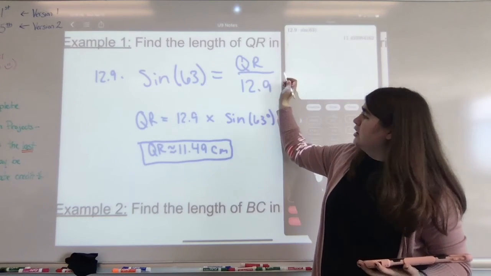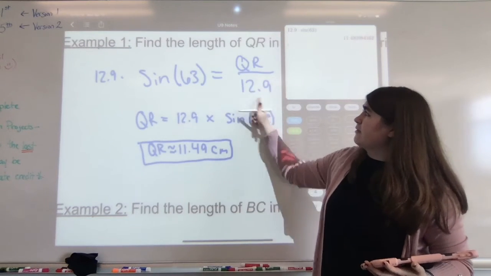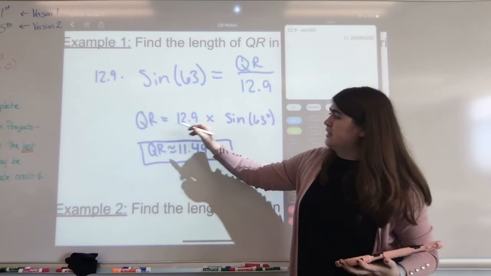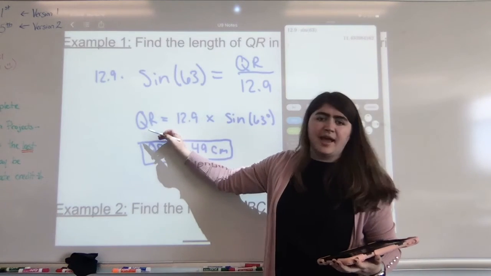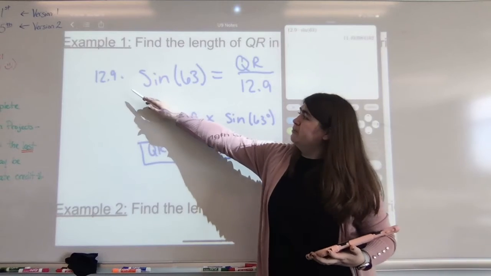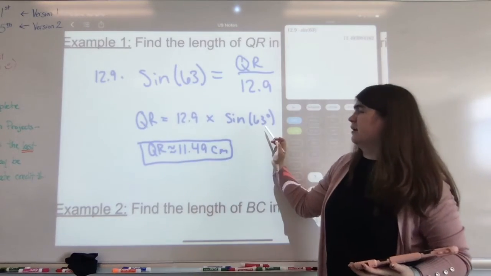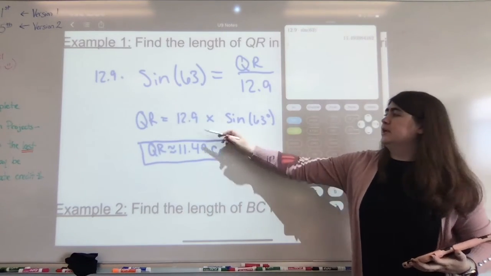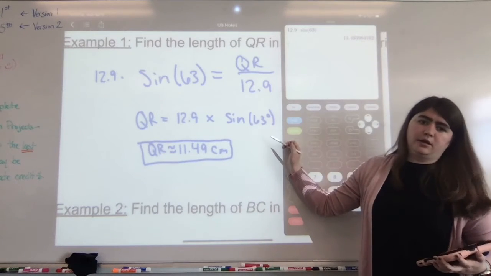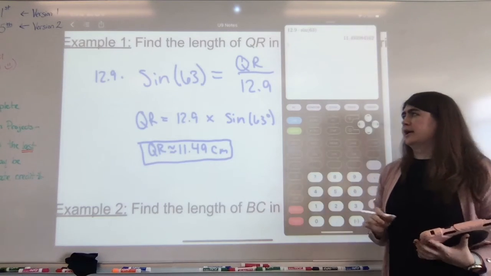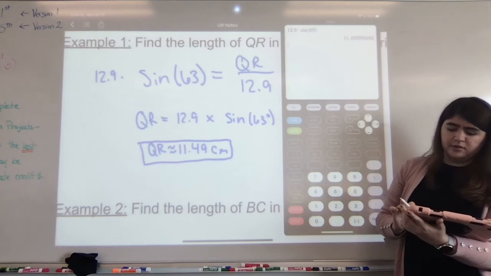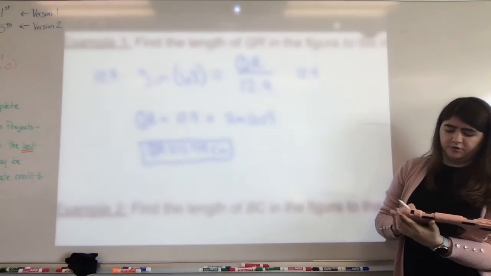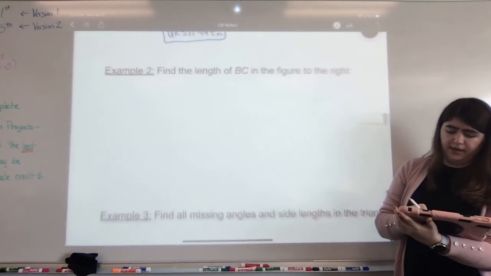Then we did some algebra by multiplying this out from the bottom of our fraction to give us that our side length has to be equal to 12.9 times the sine of 63 degrees. From here, we just typed this right into our calculator. All right, that might be a little confusing, so let's take a look at another example. I'm going to close my calculator and then I'll bring it back up when we need it.